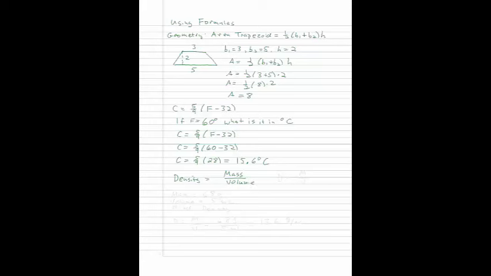So we will shortcut that by saying D equals M over V. So in this question, we will say that the mass is 68 grams and the volume is 5 milliliters, and our goal is to find the density.